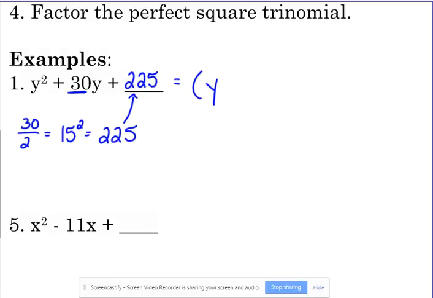So we've got y, and the sign in front of the 30 tells you what to put right there. 30 was positive, so we put a plus. And then this number is always the number that we squared. So we squared 15, so this factors into (y + 15) squared. It's as easy as that.